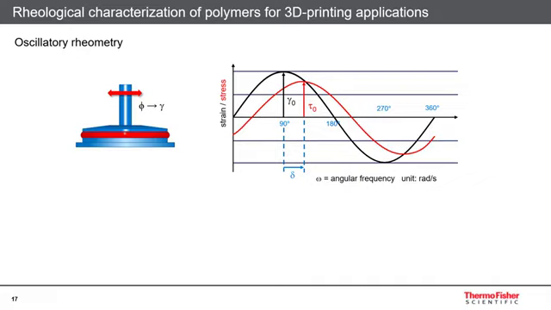This is also referred to as measurements in CD, controlled deformation, or measurements in CS, controlled stress mode. The response of the tested material is then again either a stress for measurements in CD mode or a deformation for measurements in CS.